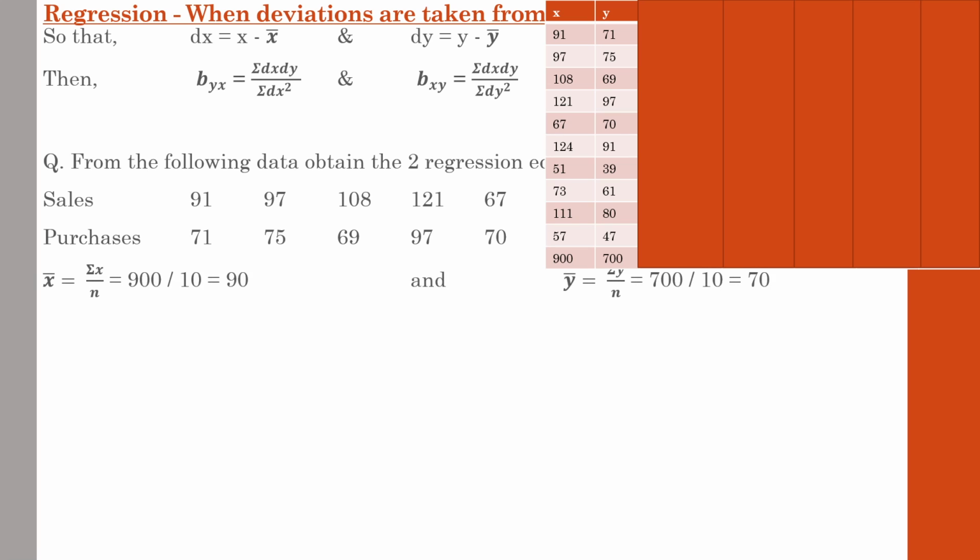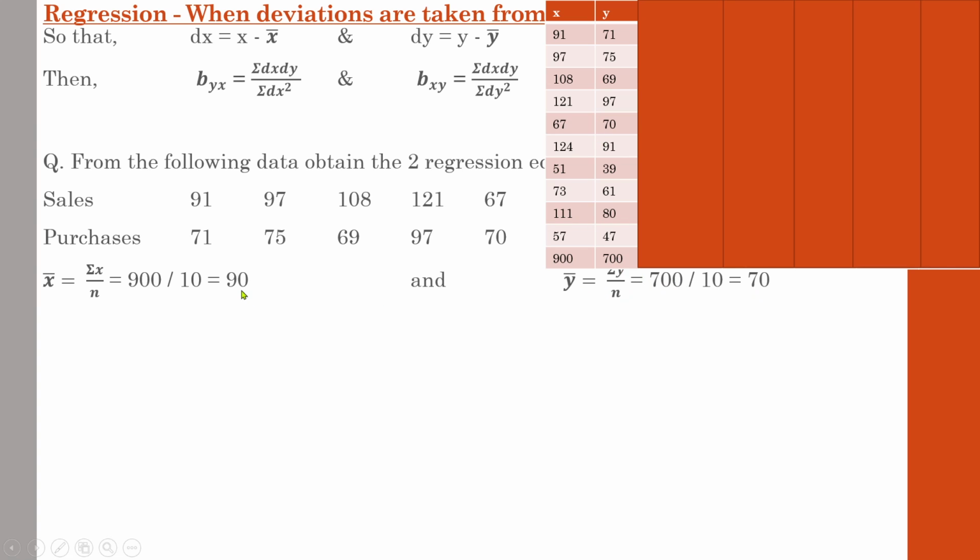So mean equals sigma x by n. Here total of x is 900 divided by number of items 10, you will get 90. And mean of y is sigma y by n. Here y total is 700, 700 divided by 10, you will get 70.